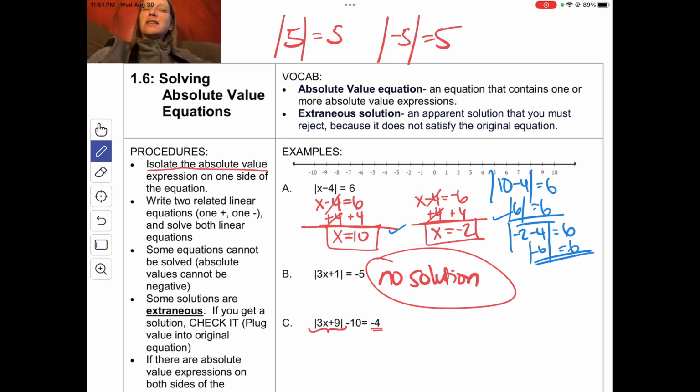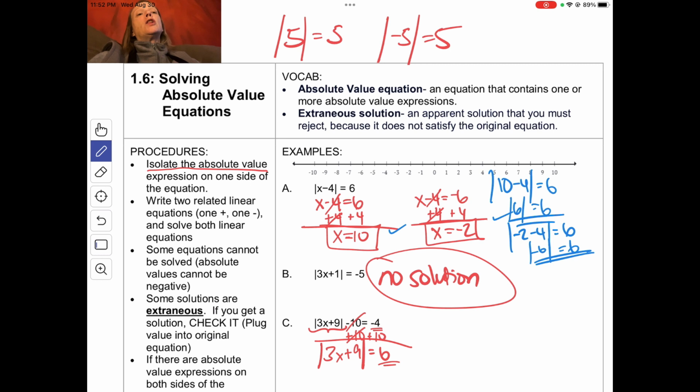I want to get rid of this subtraction by 10. So I'm going to add 10 to both sides of the equation. And when I do that, I get the absolute value of 3x plus 9 equals 6. Now that I have the absolute value all by itself on one side of the equation, I can tell that this is not automatically a no solution situation because my absolute value expression equals a positive number.